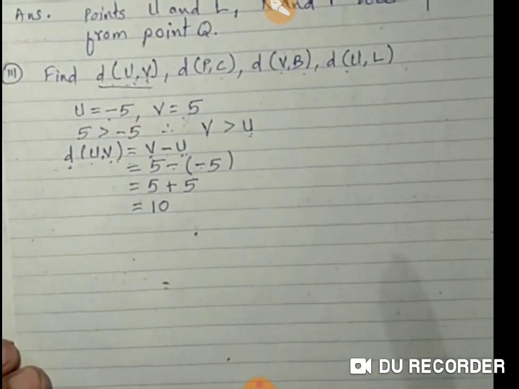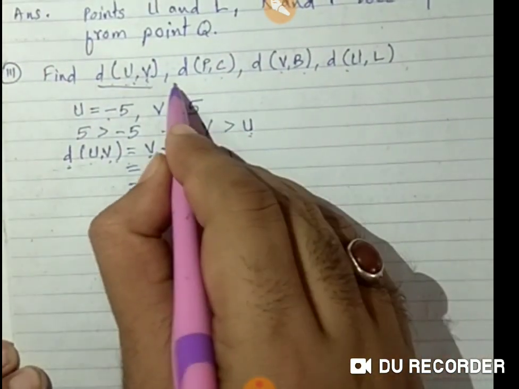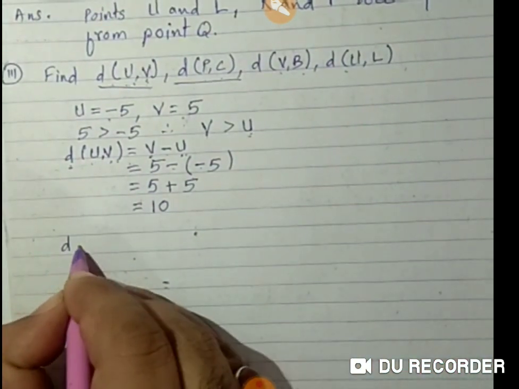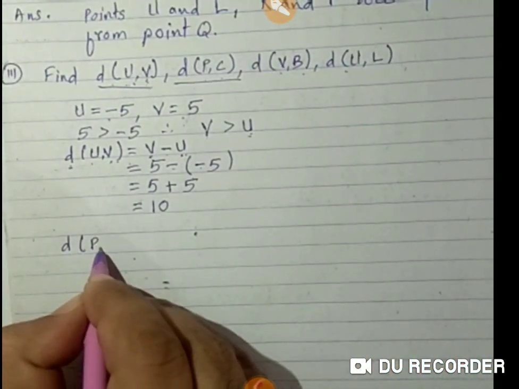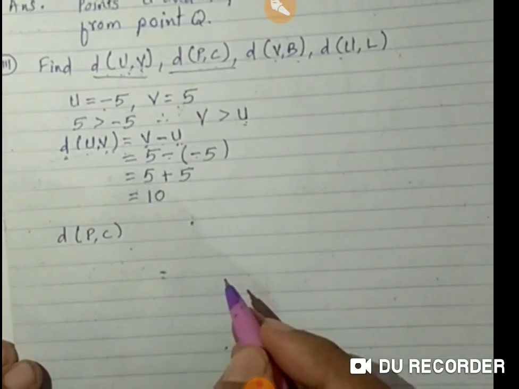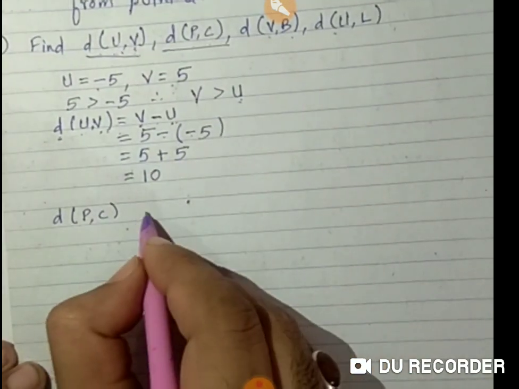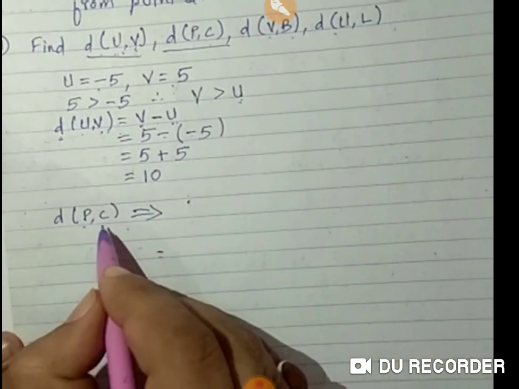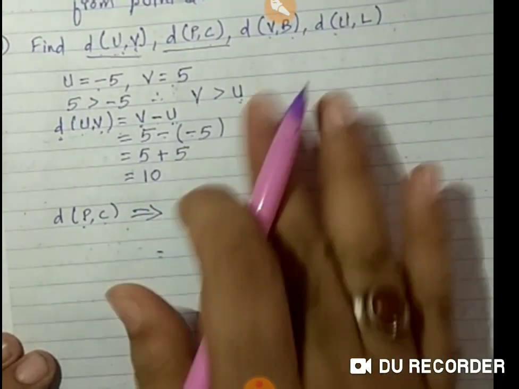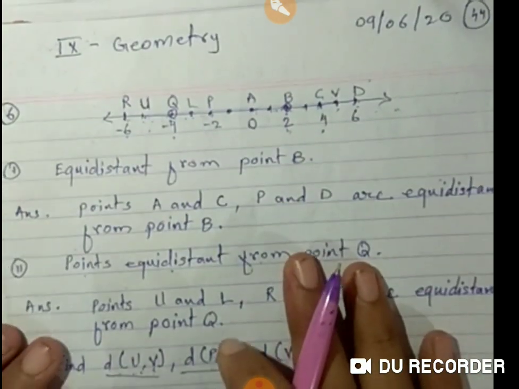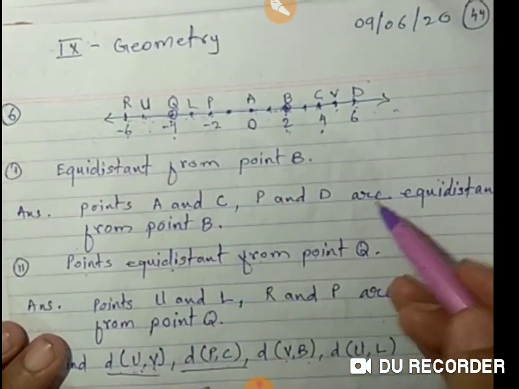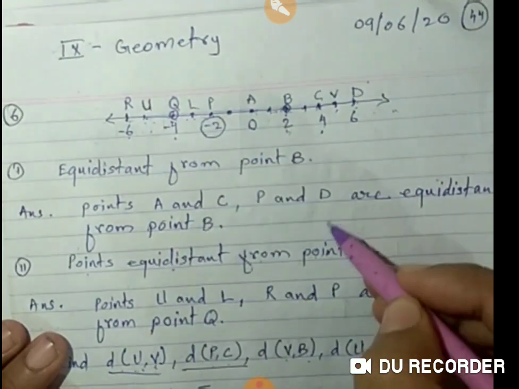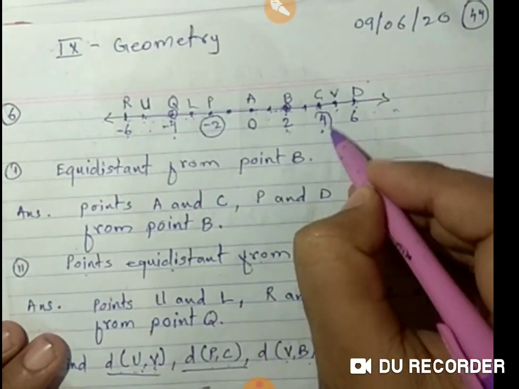Same way we can find out distance between PC. First you need coordinate of P and coordinate of C. So we will go back to our number line. Coordinate of P is -2. Coordinate of C is 4.